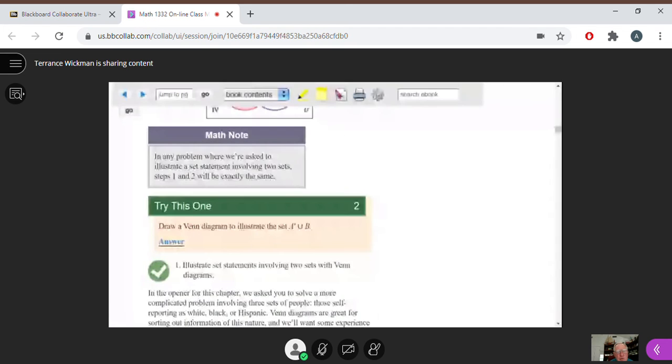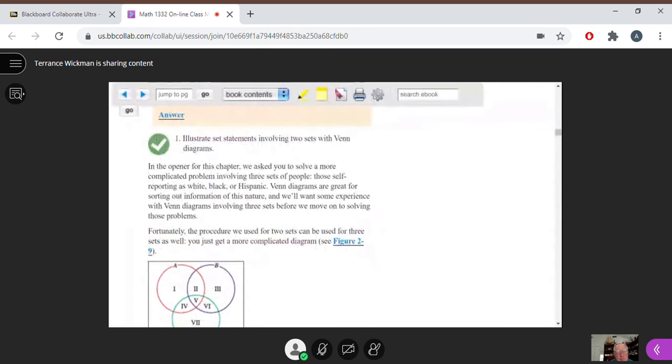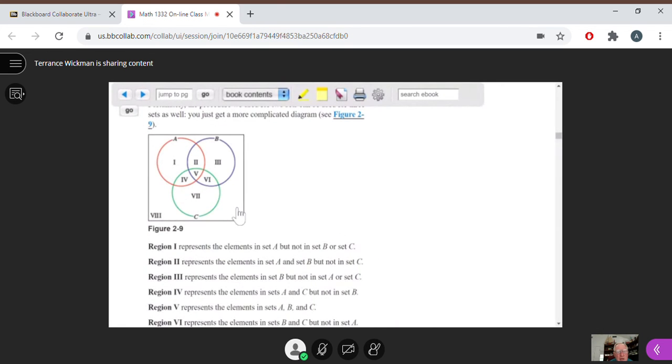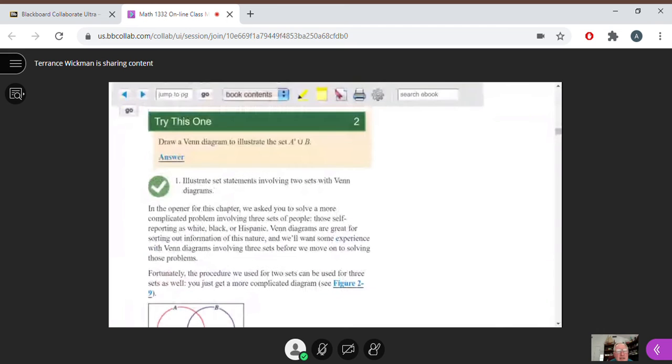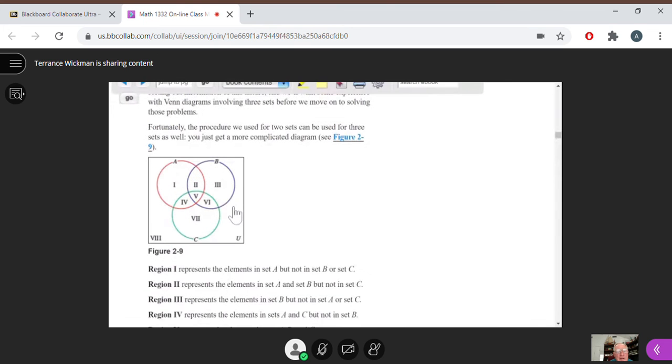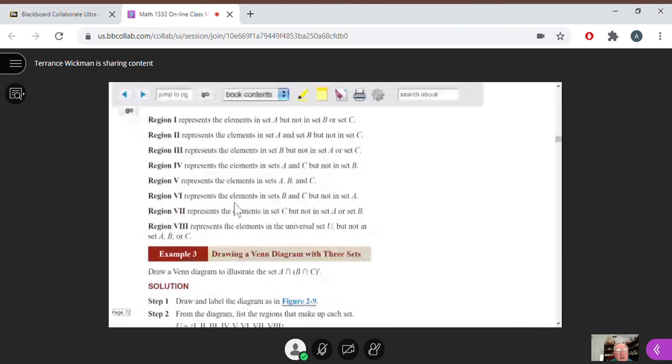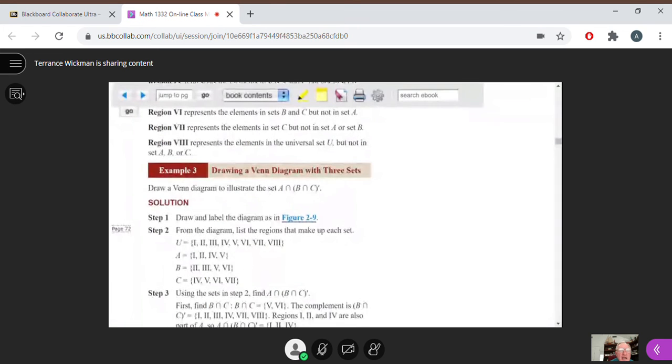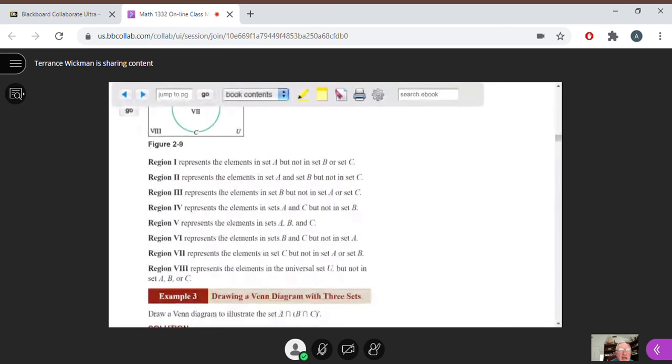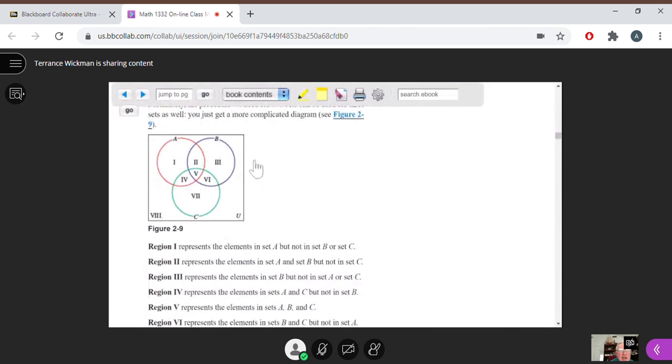So the next one. Now, you almost need to have a photographic memory. So let's look at regions 1, 2, 3, 4, 5, 6, 7, 8. Region 1 represents the elements of A, but not in set B or C. So if we look up here, you can see the diagram, figure 2-9.